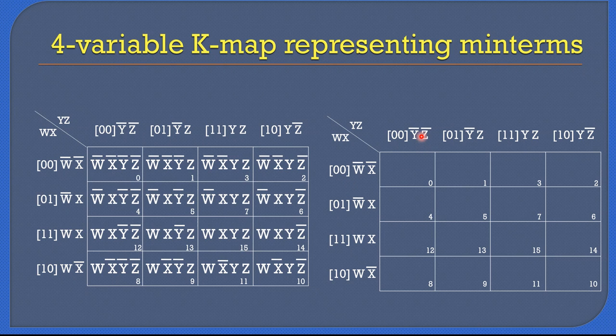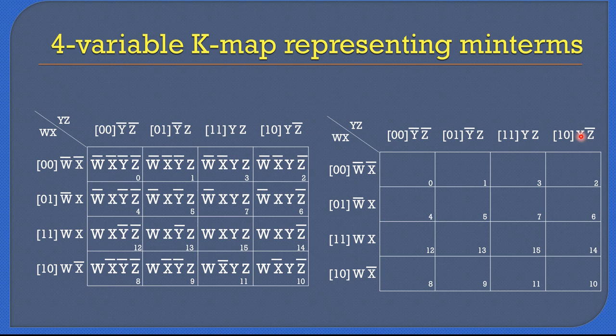You can notice here also y' z', then y' z. So z is changing the state, but y' does not change the state. The next one, you can see y z. Here z does not change the state, but y' to y changes the state. Same way here also you can see y z changed to y z'. So z has changed its state to z', but y remains the same.